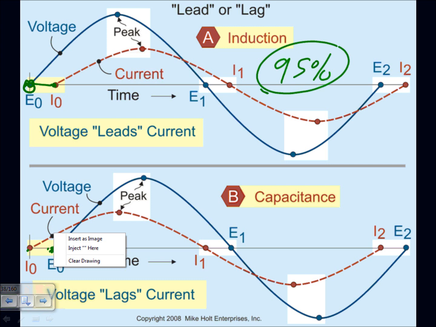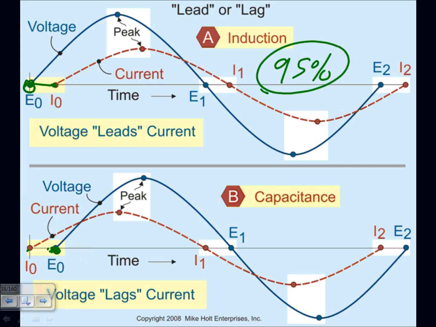Anybody know why 90% of the time we're at a lagging power factor? Because most of what we burn is what? Motors. Motors are induction load. Everybody knows, guys, the impedance.